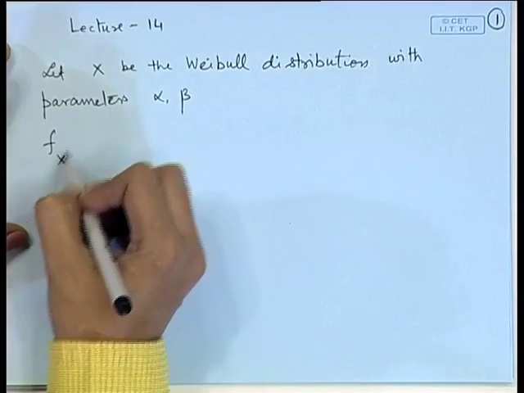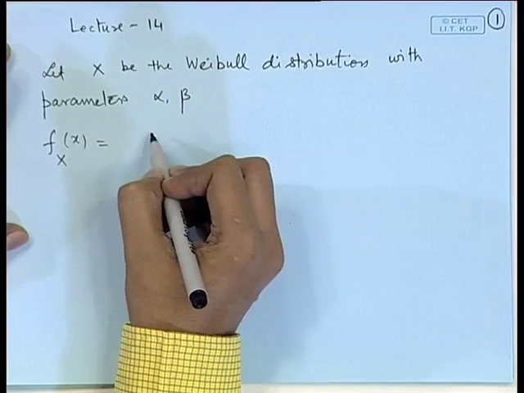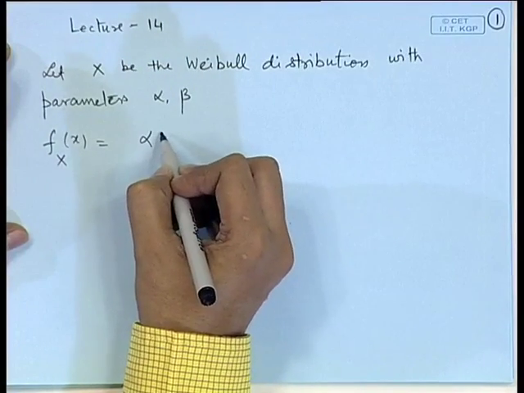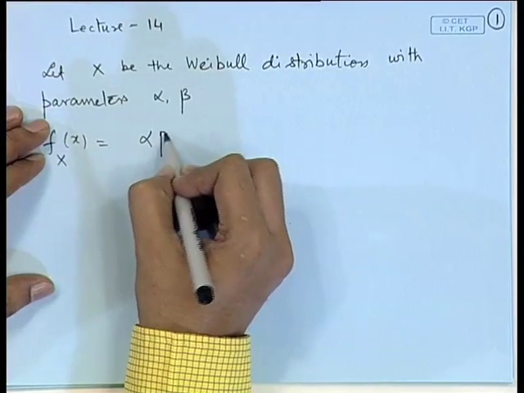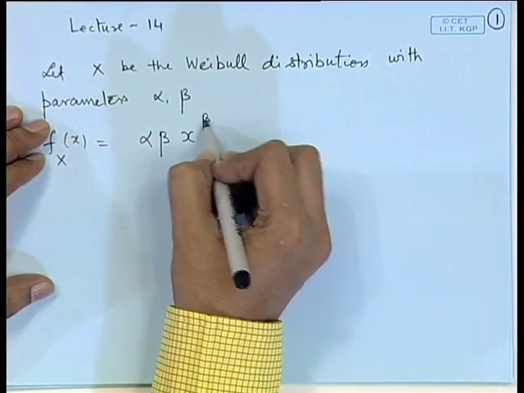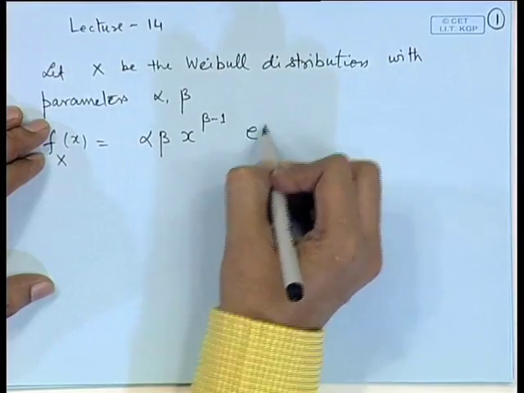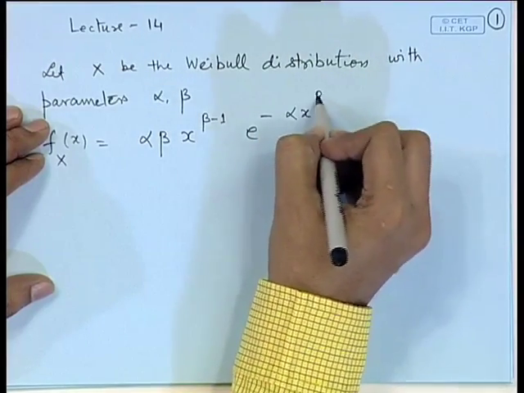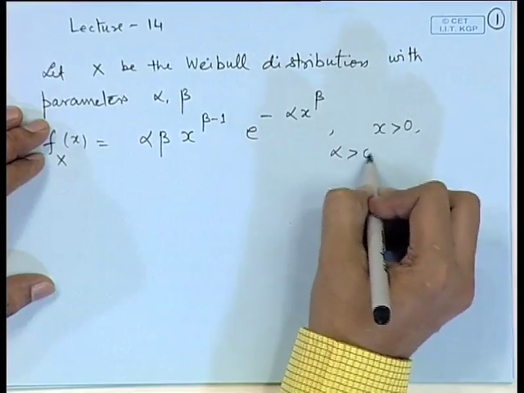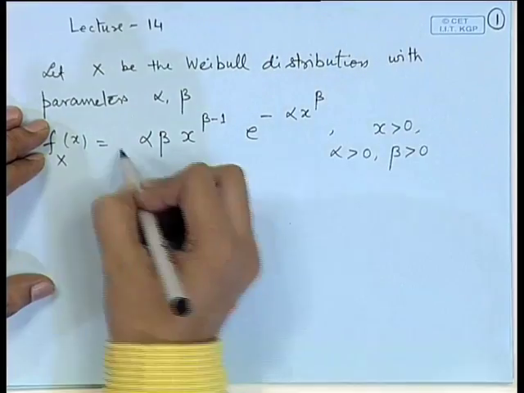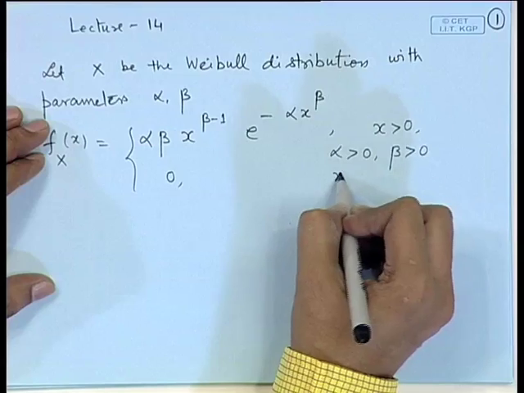We have the density function as alpha beta x to the power beta minus 1 e to the power minus alpha x to the power beta, where x is positive and alpha and beta are positive parameters. The density is 0 for x less than or equal to 0.